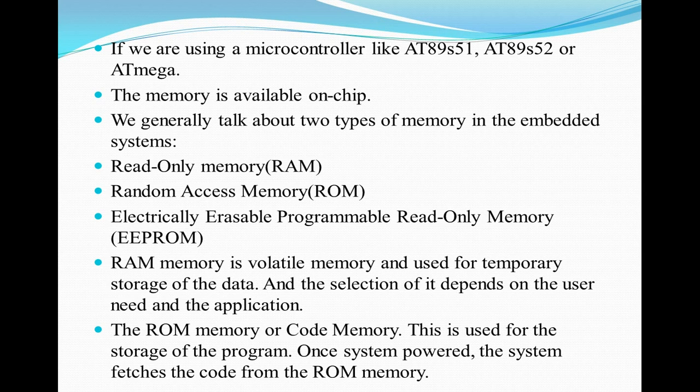So as we are talking about the processor, there are many manufacturers who manufacture different kinds of processors. So there are different processors available in the market. Depending upon the embedded system and the application, you can use either a microprocessor or a microcontroller. Some processors come in different architectures like 8-bit, 16-bit and 32-bit.